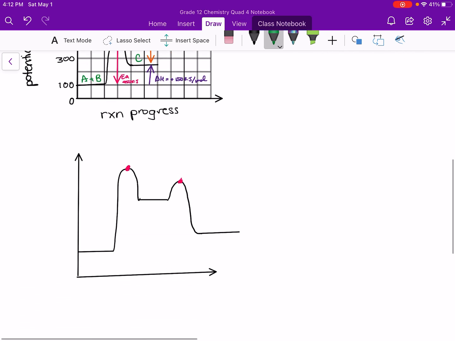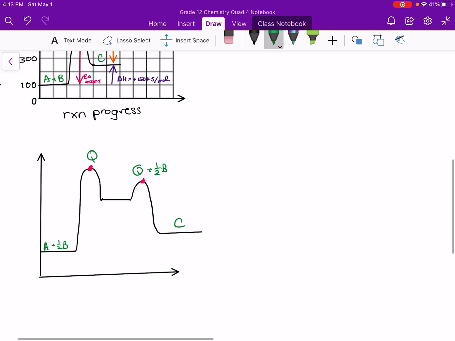If I had a two-step mechanism, I would have something like A plus 1/2 of B gives me Q. Then I could react Q again with another half of B to get C. In my first reaction, I had A plus 1/2 of B gives me Q, which is something called an intermediate.